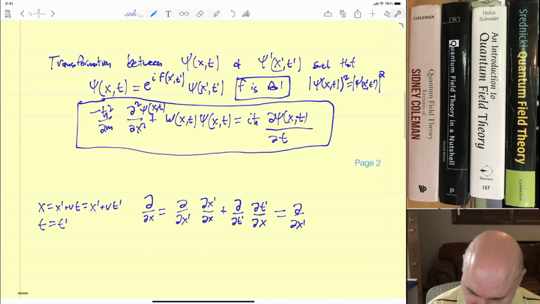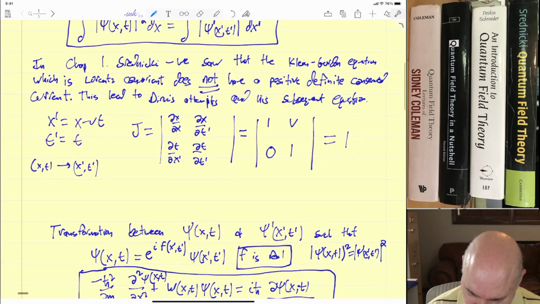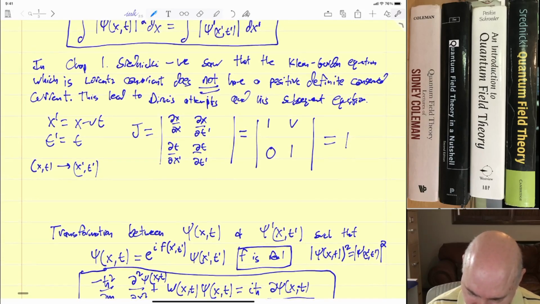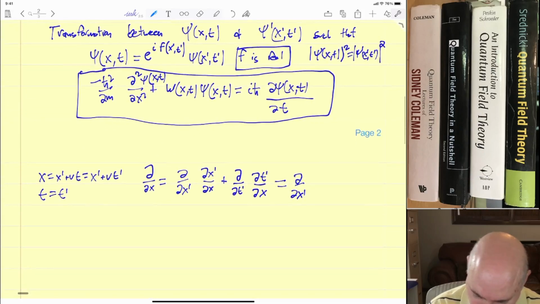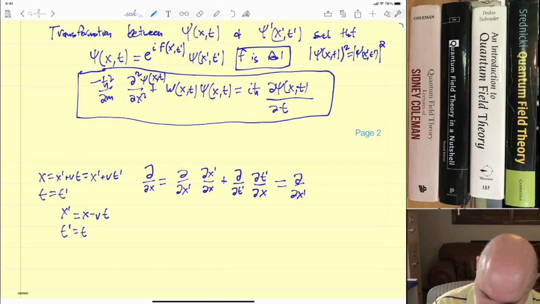Here I really want x prime equal to x minus vt and t prime equal t. So the partial of x prime with respect to x is 1. The partial of t prime with respect to x is 0. So we have this term here.